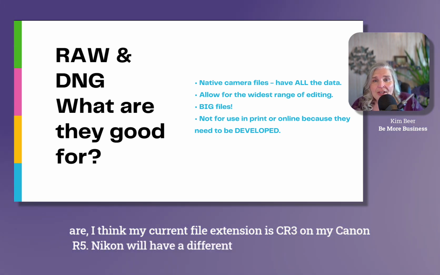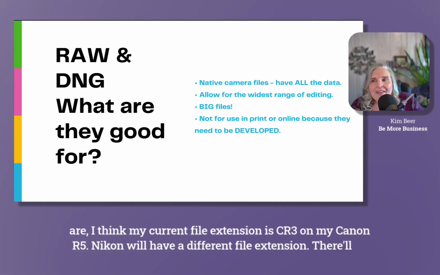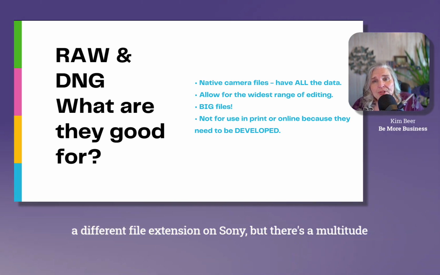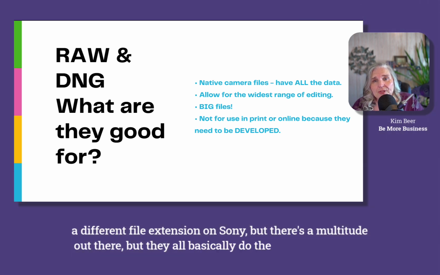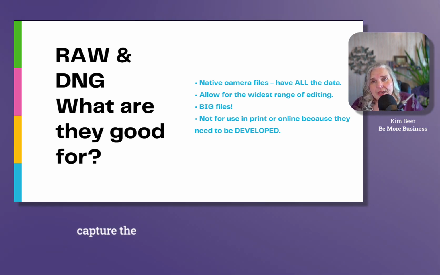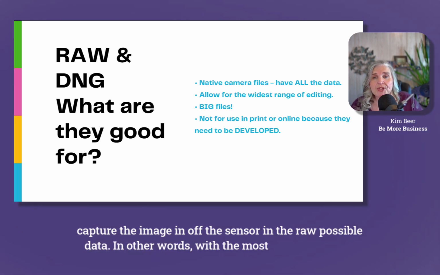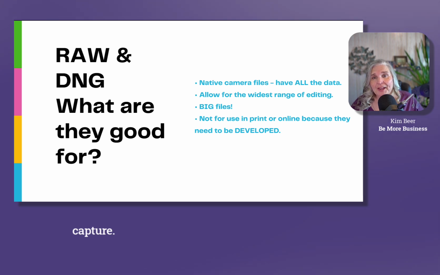Nikon will have a different file extension. There will be a different file extension on Sony. There's a multitude out there, but they all basically do the same thing. They capture the image off the sensor in the rawest possible data, in other words, with the most latitude for data captured.